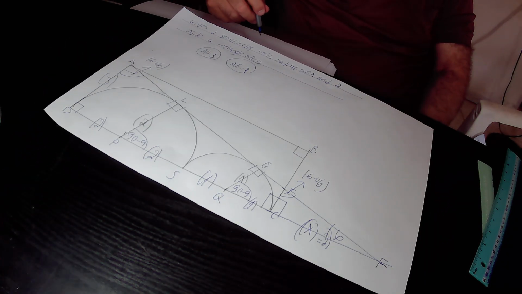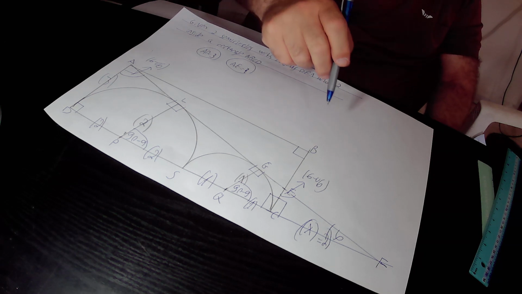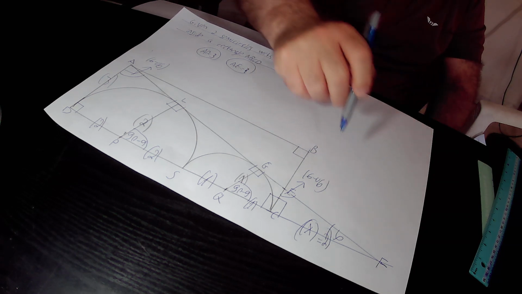In the next step, we'll prove that the big right triangle ADF is similar to this small right triangle ECF.